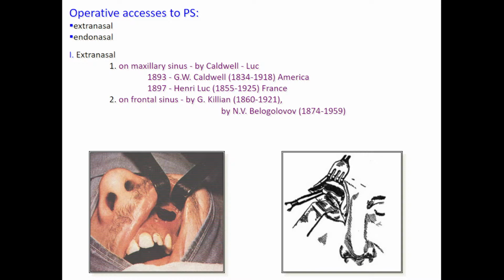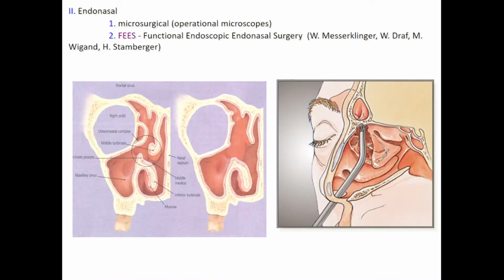There are a few operative accesses to paranasal sinuses, but of course, extranasal accesses are not used nowadays in most cases because it's quite traumatic and it is not physiological, not anatomical. And nowadays, with the development of endoscopic technique, of course, we try to use only intranasal methods.